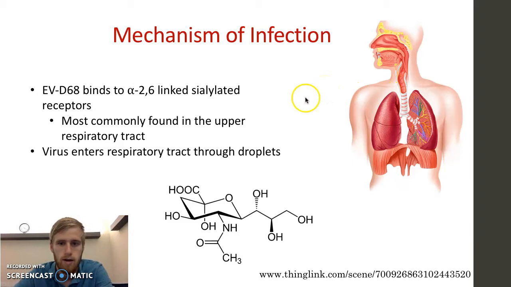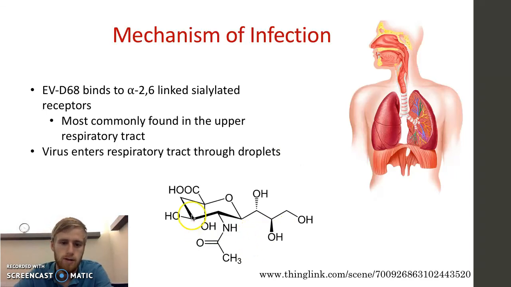What happens is the capsid binds to an alpha-2 linked sialylated receptor, which here is a neuraminic acid, which is a sialic acid that is found on epithelial cells.